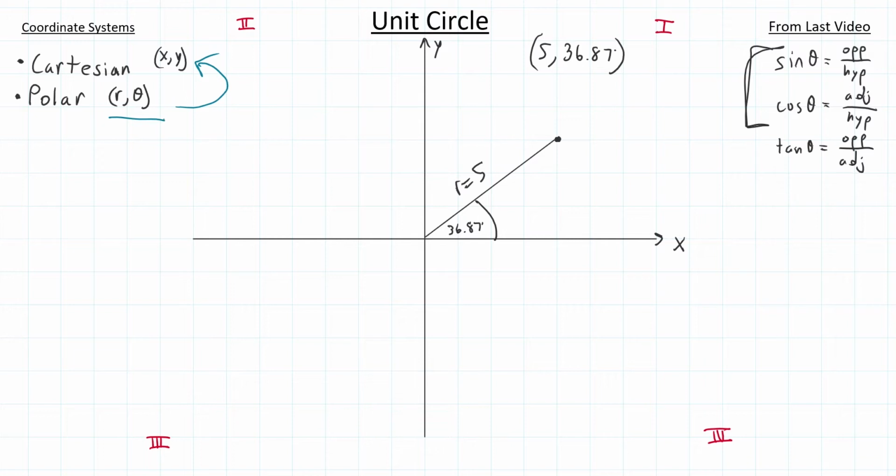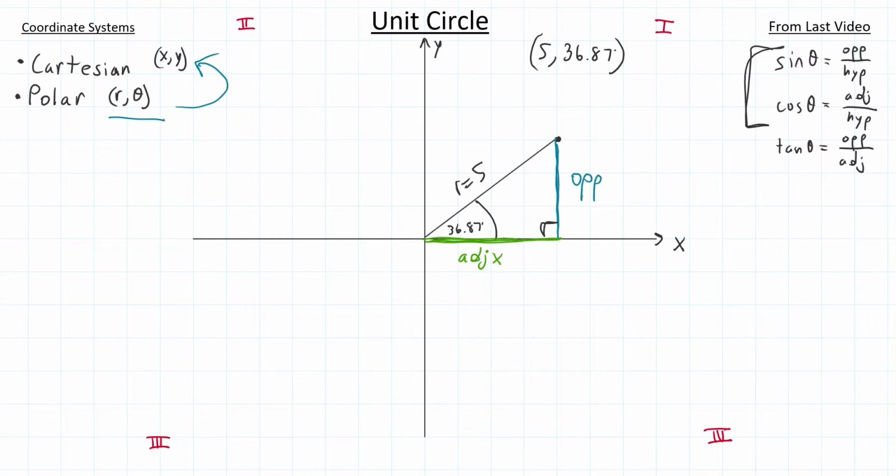This black point here, notice that its x-coordinate, like I was saying before, is going to be this green length, and its y-coordinate is going to be this blue length. So this is a right triangle. And looking at our angle, our theta, as our angle of focus, that would make this x length the adjacent, so we'll call it the adjacent x, and this y length the opposite.